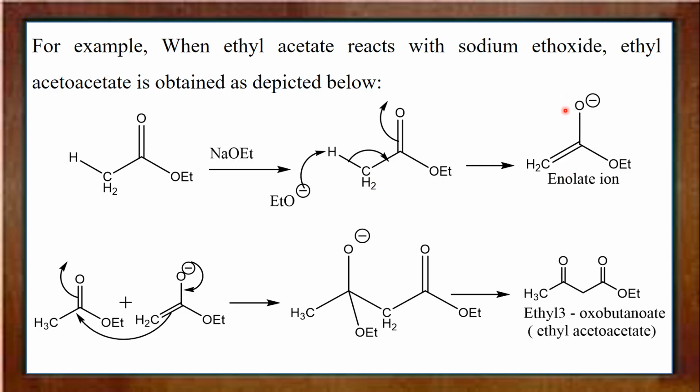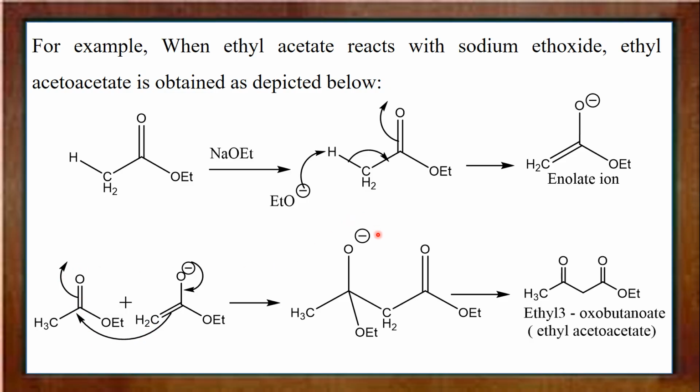This is exactly the first step of aldol condensation, removal of alpha hydrogen by a base. And this enolate ion reacts with another ester molecule. So the minus comes back, resulting in the formation of a carbanion. C minus attacks here, generating O minus.